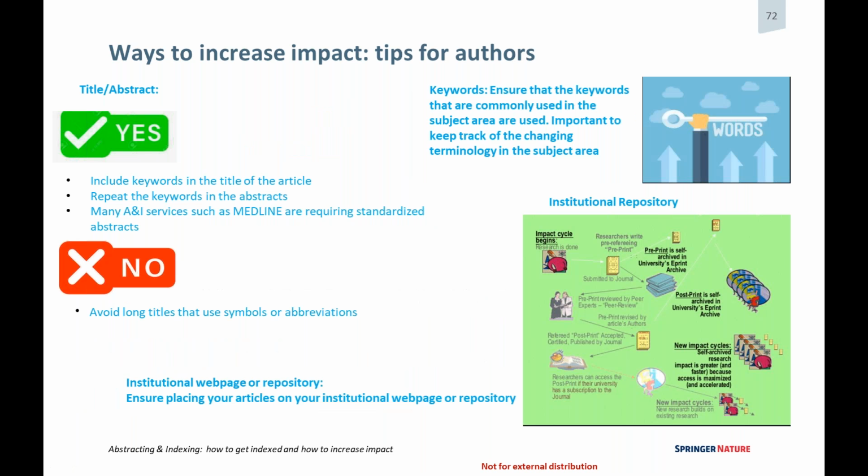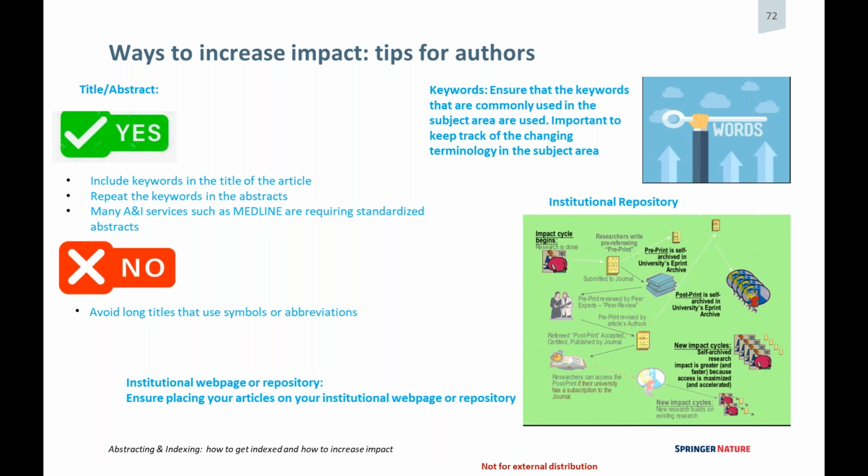Continuing tips for authors: title and abstract. Include keywords in the title of the article that should be repeated in the abstract also, because as I already indicated, this is where search engine optimization will come into the picture, because this is where the content has to be easily discovered through all these machines, computers, and it is completely algorithm based.